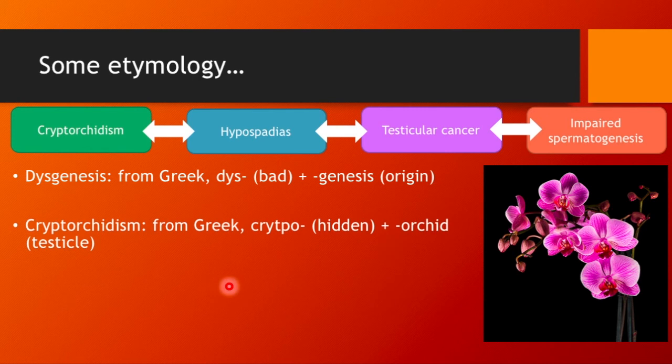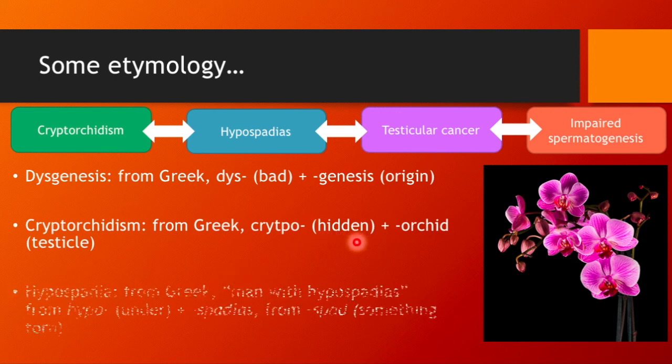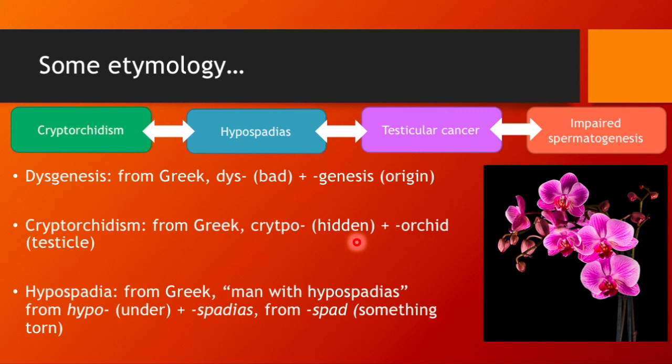So it's a hidden testicle. And finally, hypospadias. It comes from the Greek, but once you break that down even further, hypo meaning under, spadias, spad, meaning something torn, and this is quite rightly named because it's a congenital defect in which the opening of the urethra is on the underside of the penis instead of the tip.